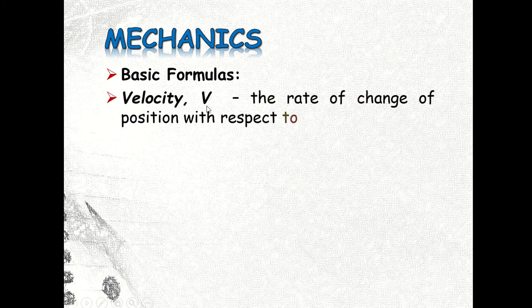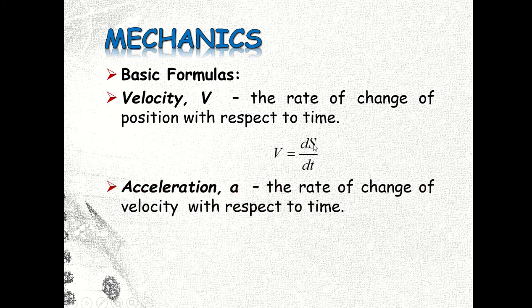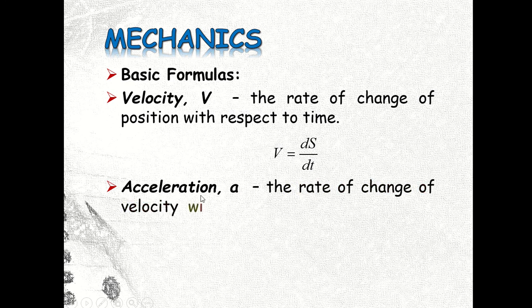So we have the velocity denoted by the letter V. This is the rate of change of position with respect to time. In differential calculus, we define this as v equal to the derivative of the displacement, s, with respect to time. So that is our definition for the velocity. Then we have acceleration, denoted by small letter a. That is the rate of change of velocity with respect to time.